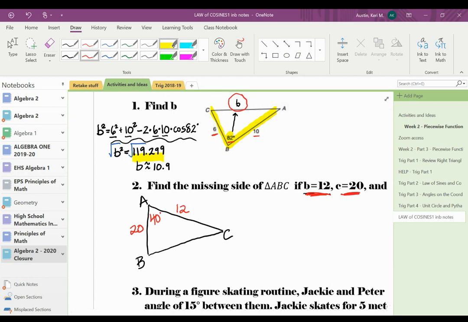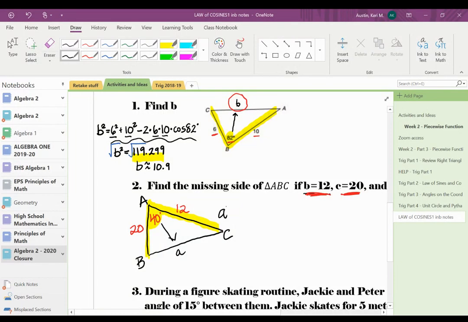Now notice again, I just want to emphasize we have a side, the angle in between, and another side. S, A, S. This is when we use law of cosines. And it says find the missing side. Well, the only side that's missing is this little a.